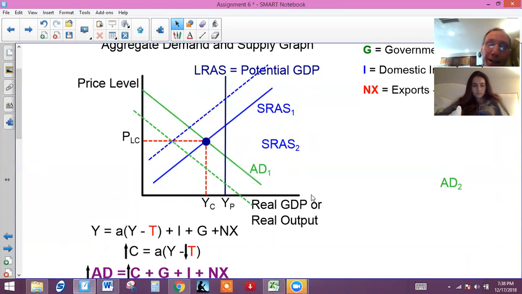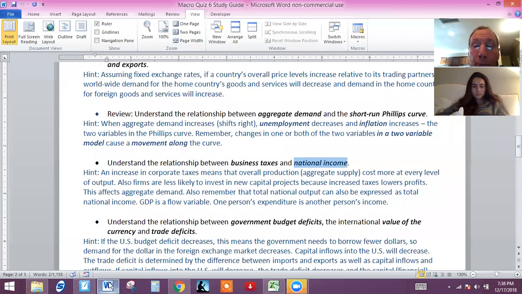Somebody else has to get it. So we can think of Y here as either total expenditures or total income, either one. That's why when we have a shift in supply and demand, we're going to have a change in national income.